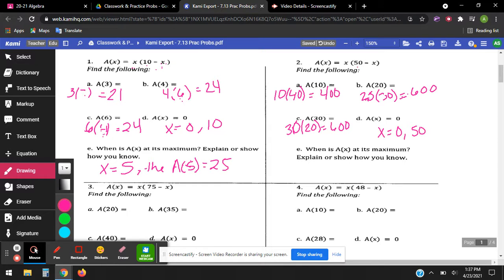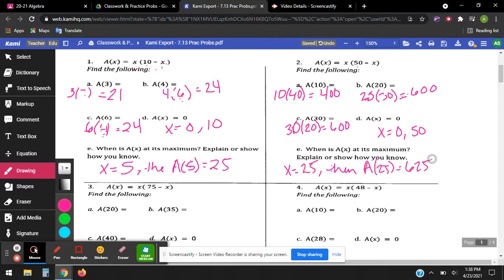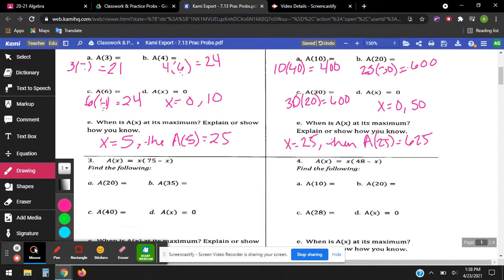And what is its maximum? Well, here I've got 600 on both of those. I'm going to guess half of 50, which is 25. When x equals 25, I'm doing 25 times 25, which is 25 squared, is 625. So then A of 25 equals 625. Maximum I can get.